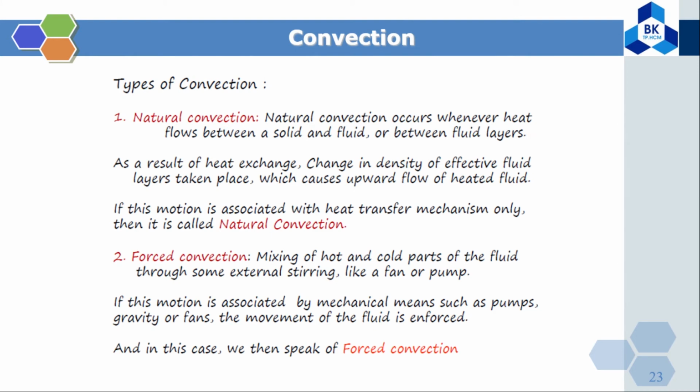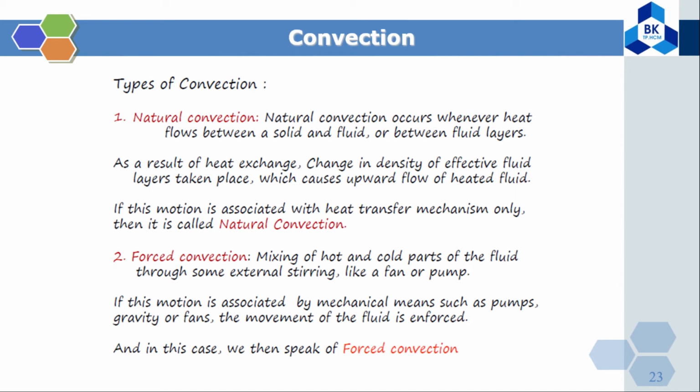As I already explained, there are two kinds of convection: natural convection and forced convection. Natural convection occurs whenever heat flows between the solid and the fluid, or between fluid layers. As a result of the heat exchange, a change in density of the affected fluid layer takes place, which causes upward flow of the heated fluid.